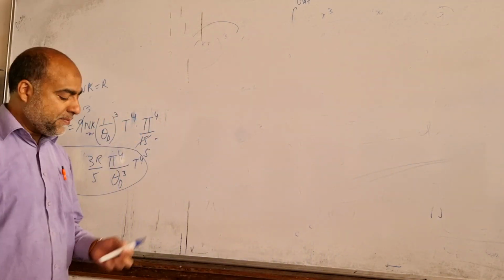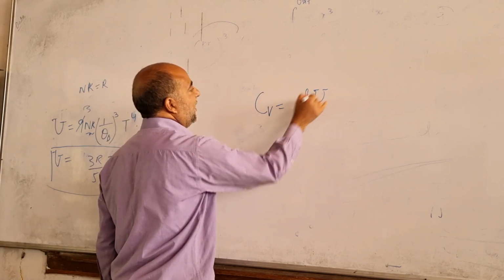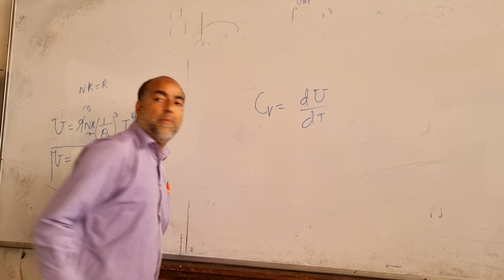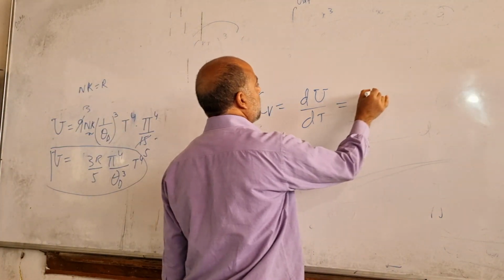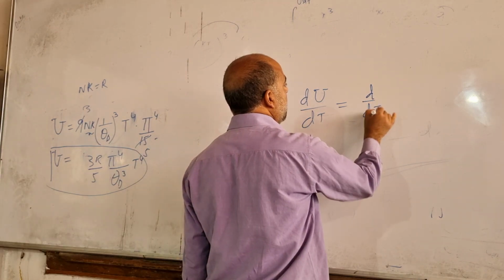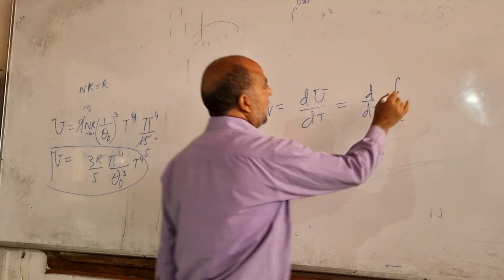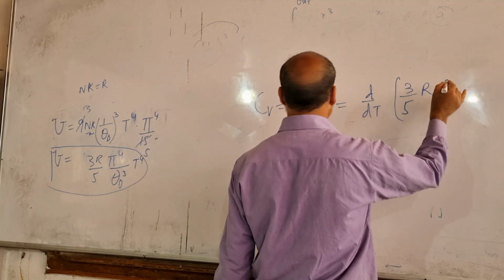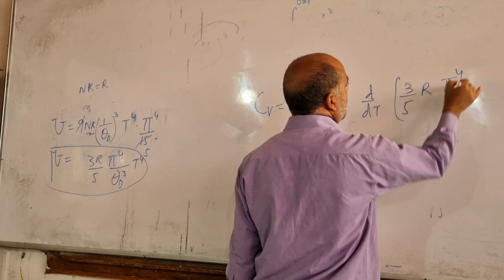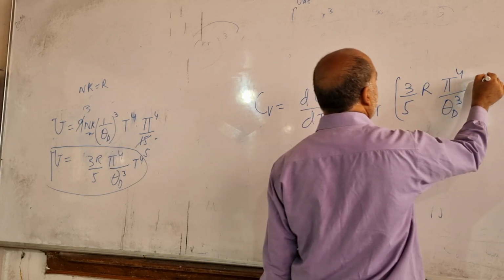Yes, your specific heat is always du by dt. It is equal to d by dt of u, and u is 3 by 5 R pi 4 by theta d cube into T4.